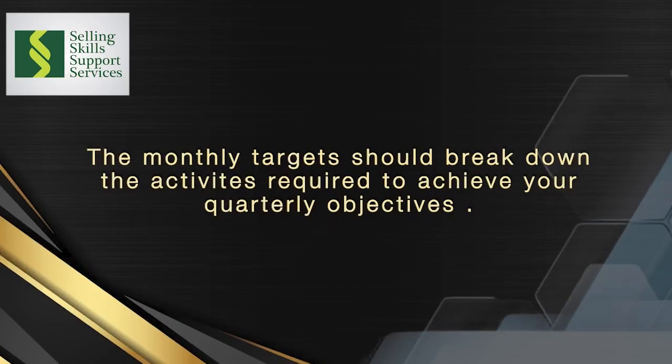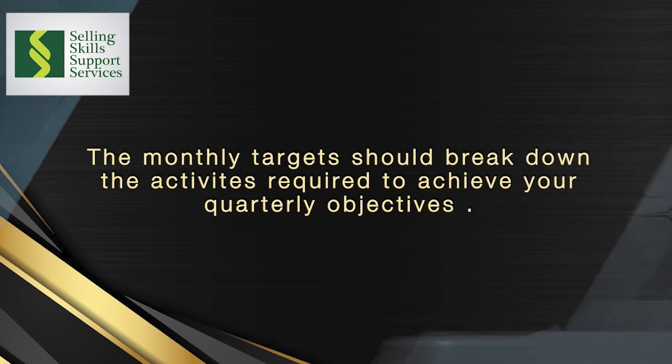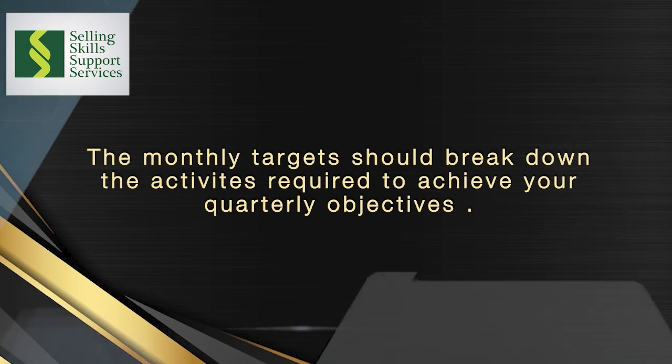The specific actions to take to secure a certain number of new customers. The specific actions to take to expand to new territories or markets. The specific actions to take to launch new products in that quarter. So the monthly targets should break down the activities required to achieve your quarterly objectives.